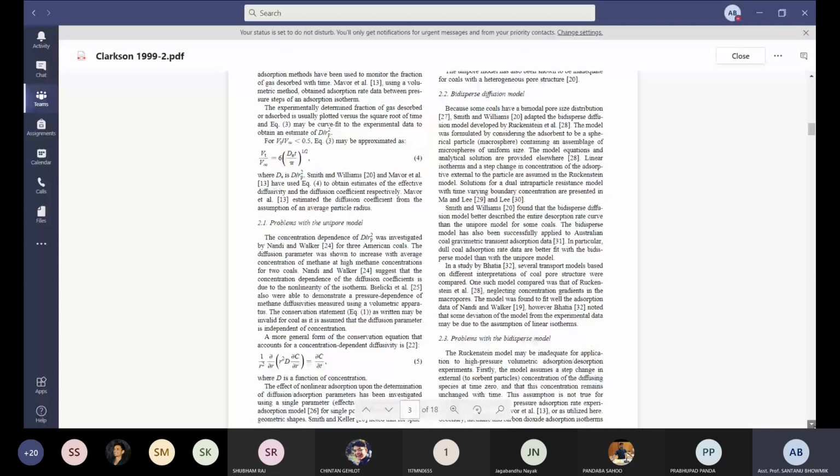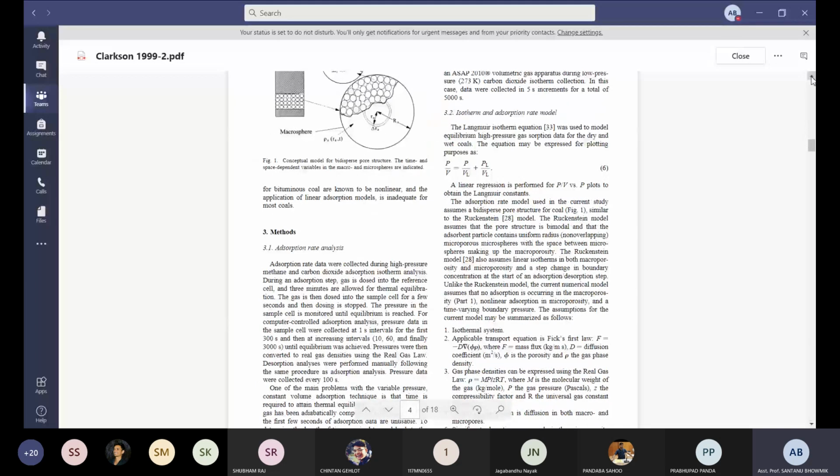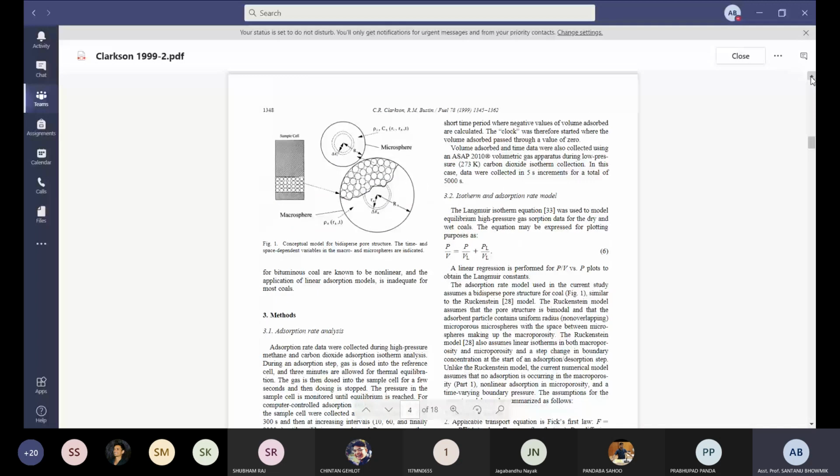They have not given the equation here; there is definitely a different equation. Let me show you a glimpse of it.